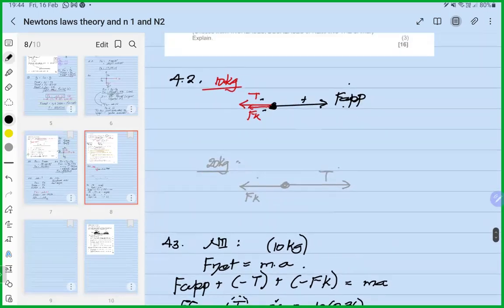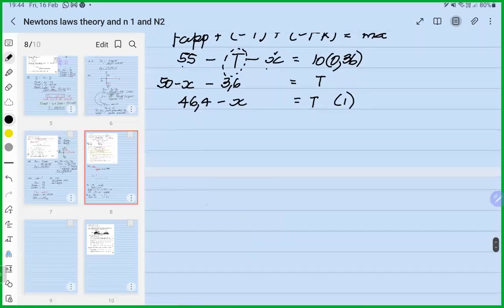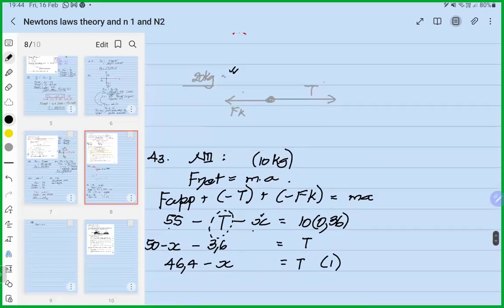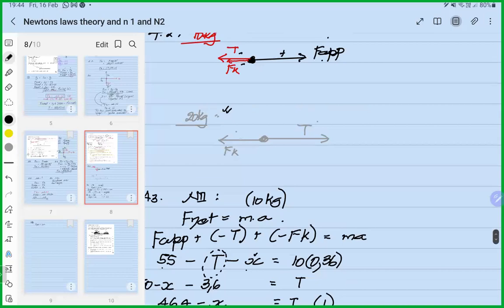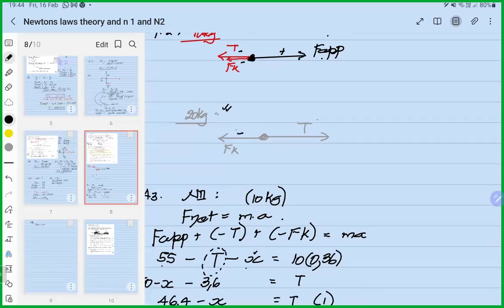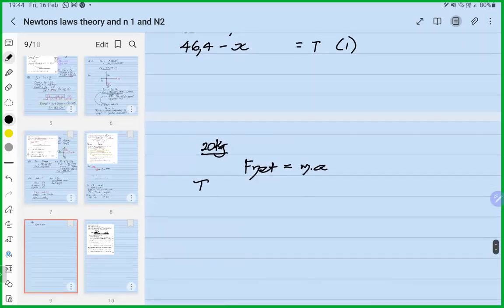I'm now going to go to the other mass, which is the 20 kilogram mass. And I'm going to do my F net equals MA for that. So for the 20 kilogram mass, F net equals MA. Your F net there is T plus minus the Fk, equals MA.